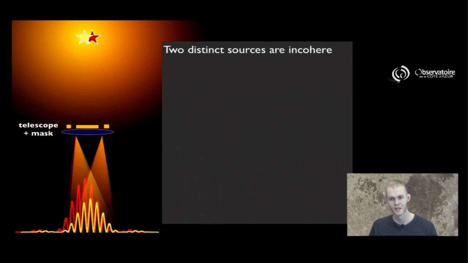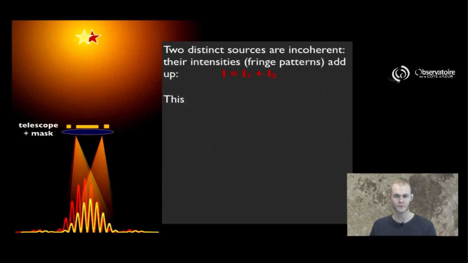What we're going to do instead is simply compute the final image or intensity map as the sum of the two individual intensity maps for the red first and then the yellow sets of fringes.